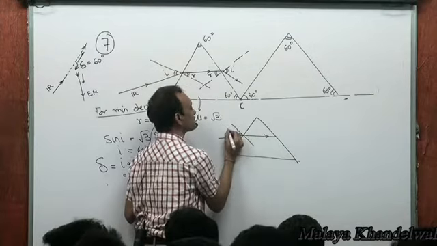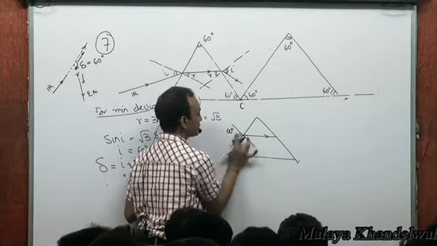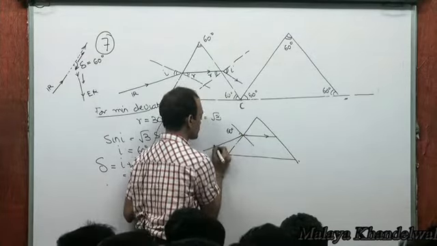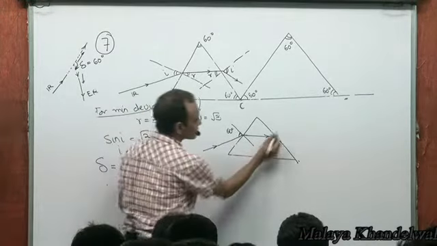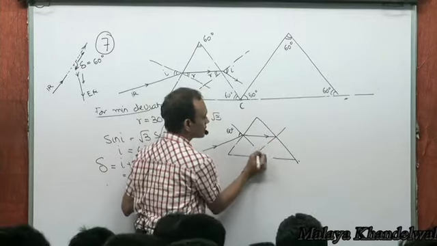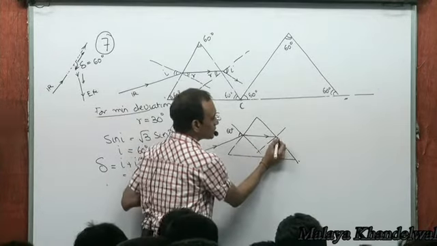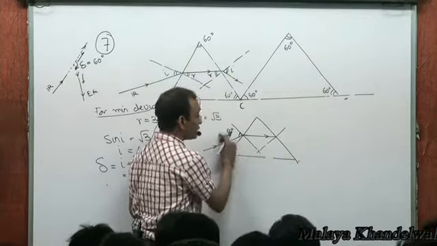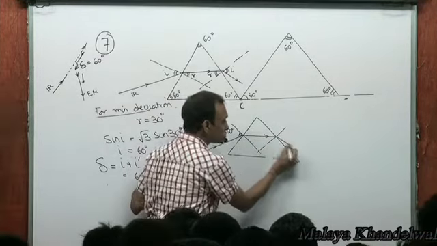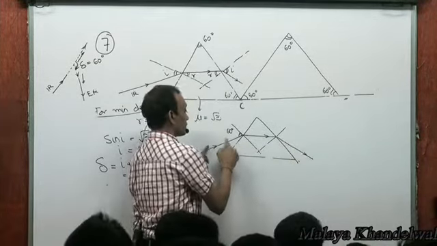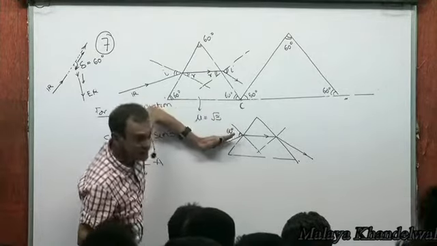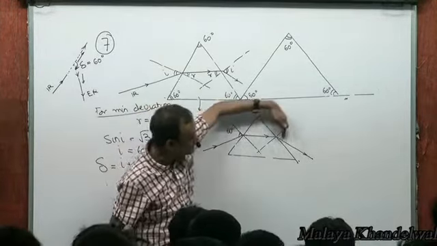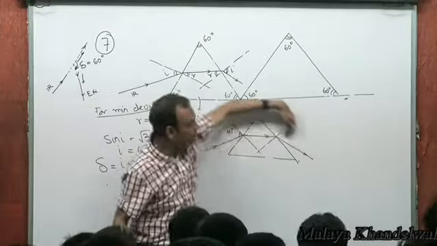This angle of incidence is 60 degrees. Now, this emergent ray, this incident ray got rotated by 60 degrees, so that this became the emergent ray.